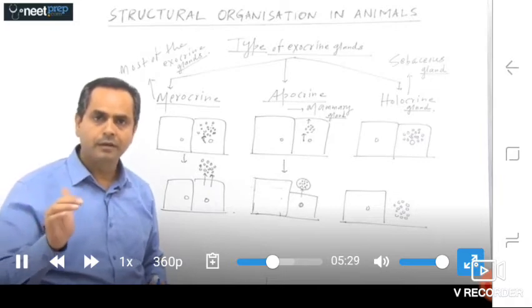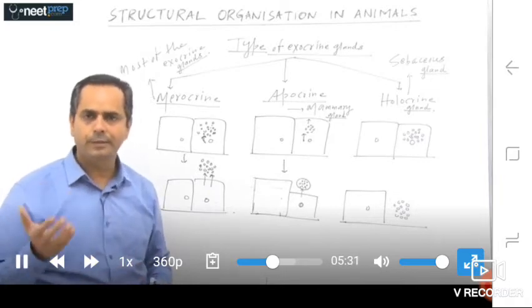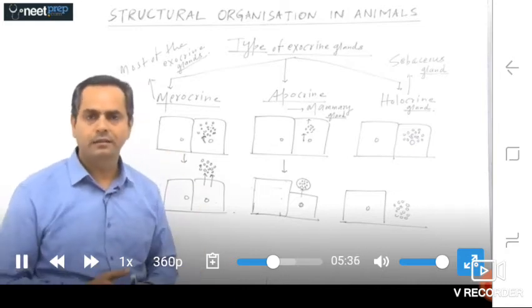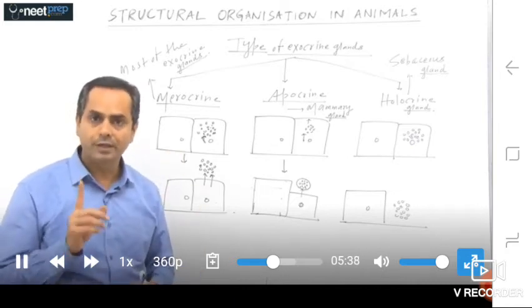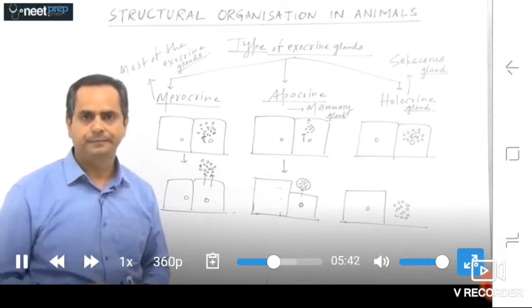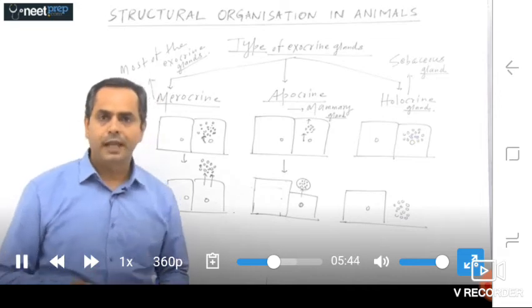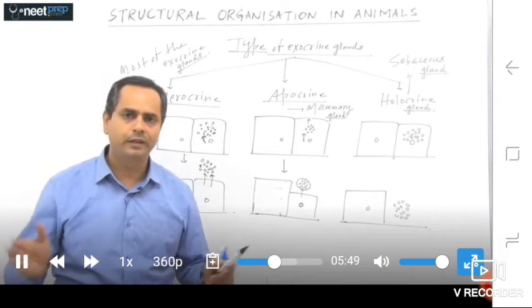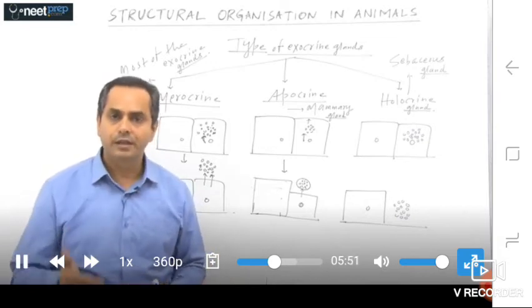A stands for apocrine. So one example is of apocrine, one is of holocrine, and most other exocrine glands are merocrine structure. So that's all about the types of exocrine glands depending upon their mode of secretion.